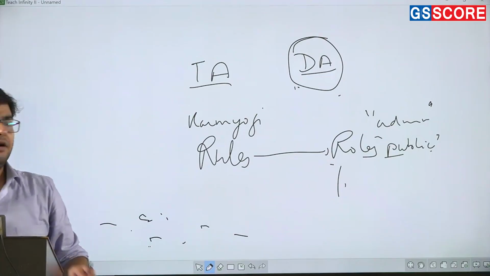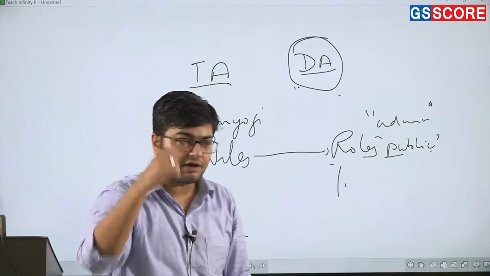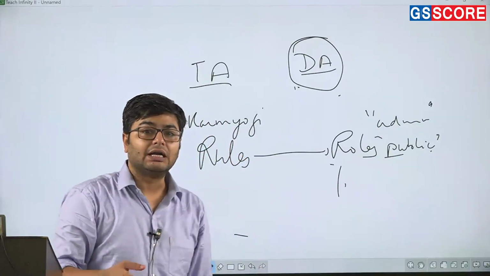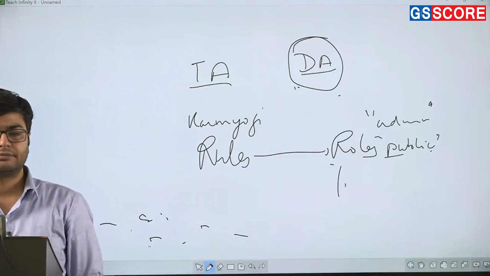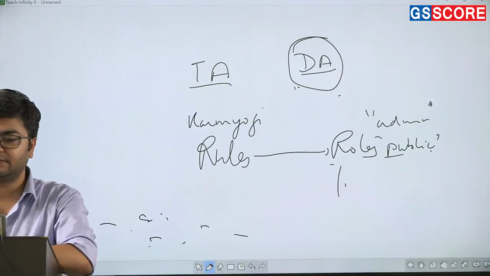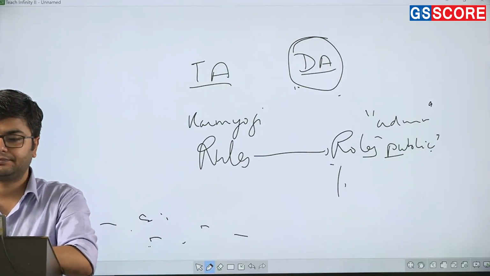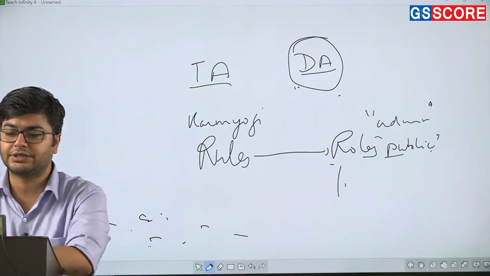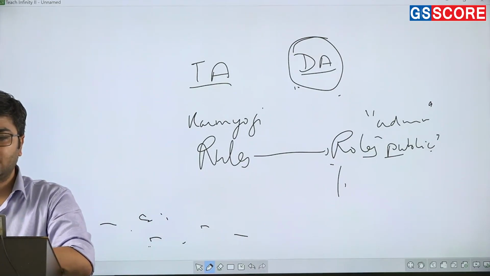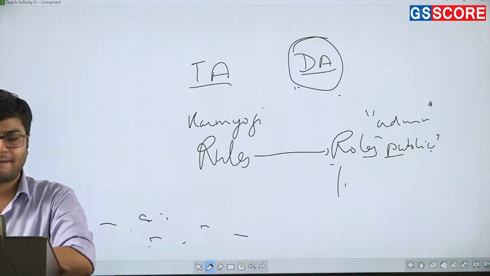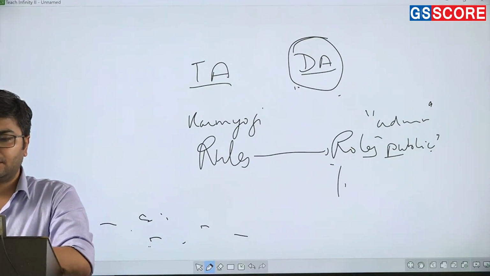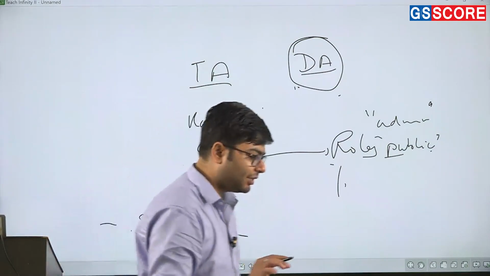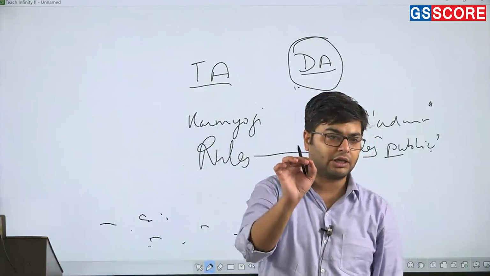Therefore, you see, while TA is risk averse, a good DA should be risk oriented, innovation oriented. TA is status quoist. DA is dynamic and change oriented.